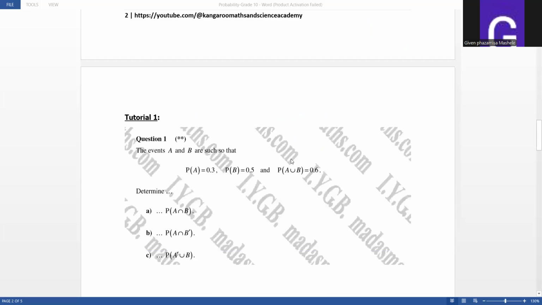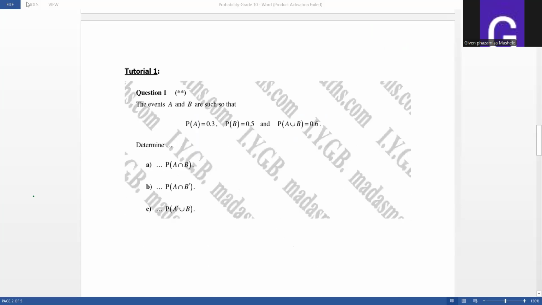Number 1, what are we given? We're given the events A and B. Okay, let me use the one from the previous board so that I must not erase time again.